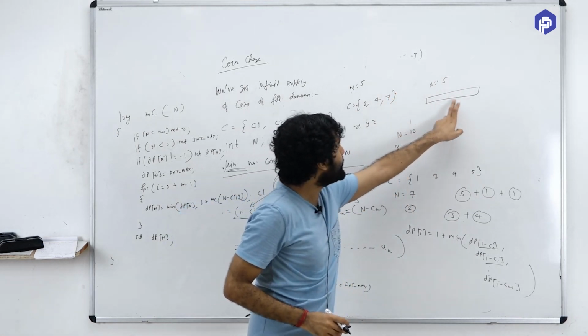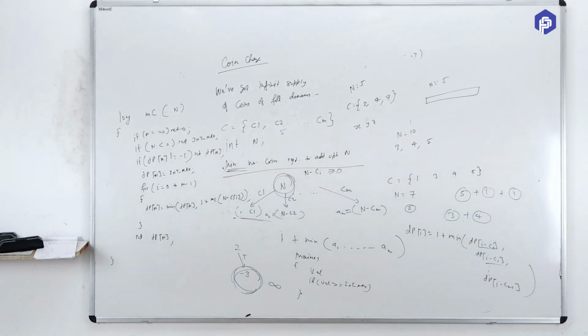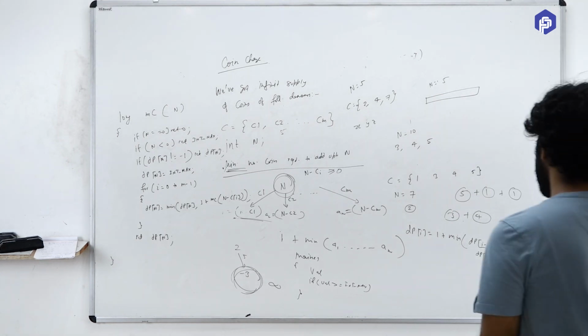So can you cut it into 2, 4 and 7? You cannot do that, right? So in such a case, your code would return something that is greater than INT_MAX, because again you are adding 1 to it. Does it make sense to everyone? Yes or no? So these are the cases which could happen and you have to take care of that.